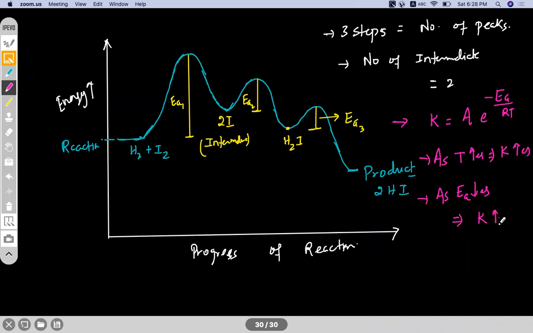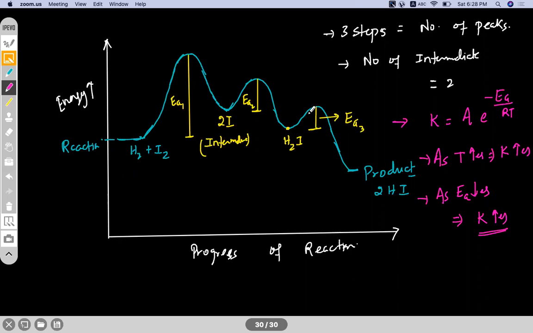So what we can say is that for a given complex reaction, we have n number of steps. All these steps will have their own activation energy. As the activation energy decreases, the rate of the reaction becomes more, the reaction becomes faster. So which step is the slowest step?